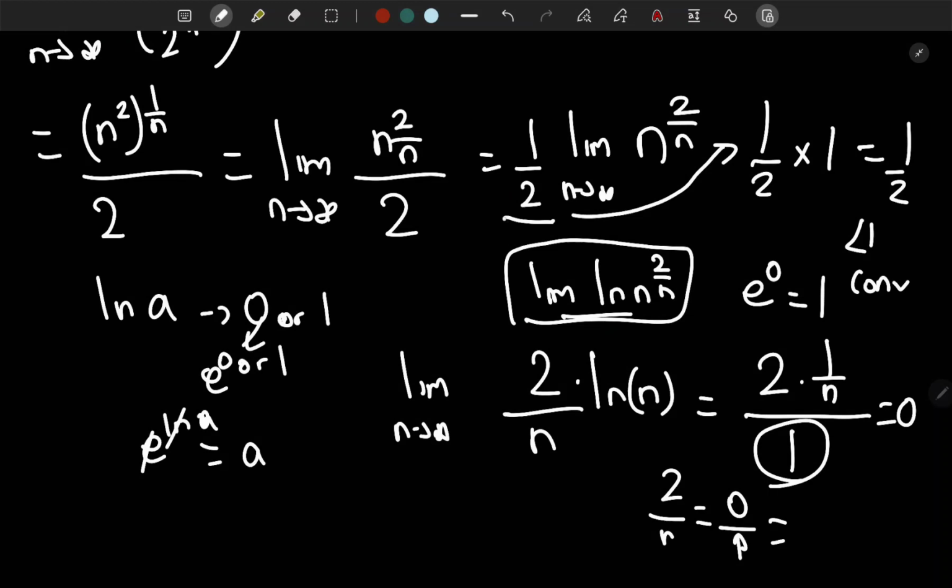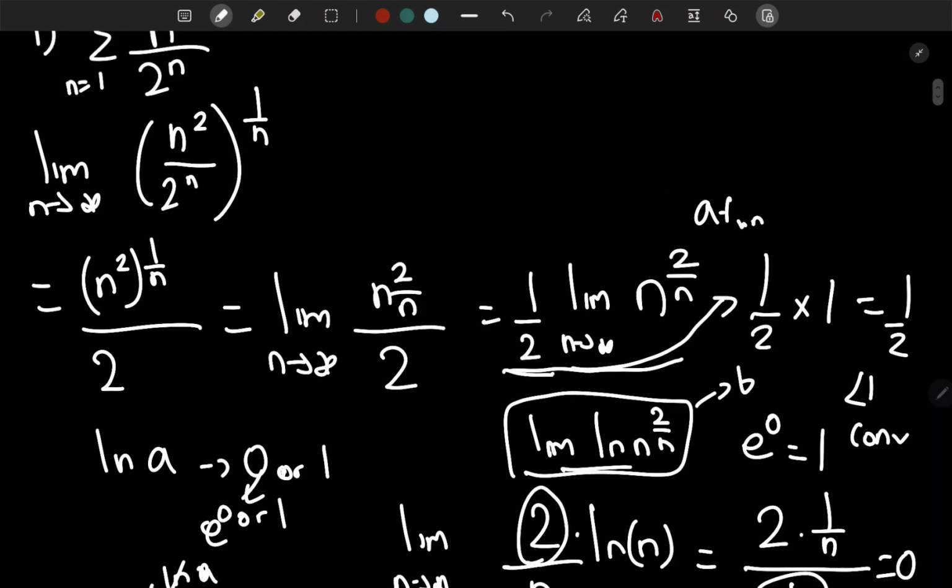You can think of this entire part as a function, and once we introduce this ln, it becomes a completely new function. Let's call it b, and that is why we cannot cancel this half with 2 over n. And this 2 actually is under the influence of e to the power of 2, sorry.